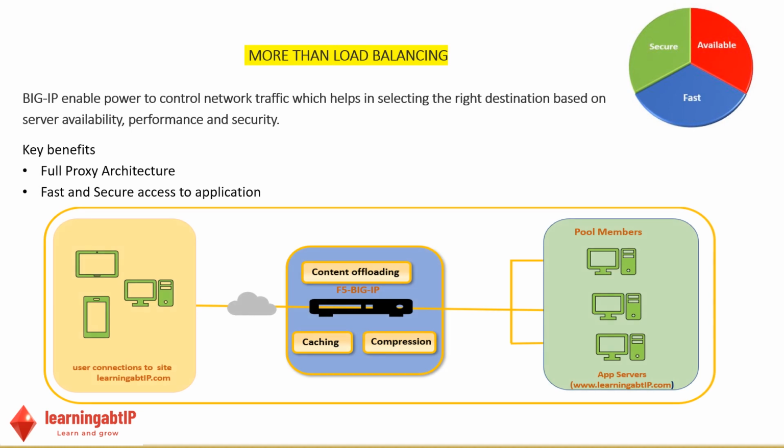Fast and secure access to the application. Big IP LTM dramatically improves page load times and the user experience by doing intelligent caching, compression, and content offloading. It also makes real-time protocol and traffic management decisions based on application and server conditions. If we talk about security, Big IP delivers industry-leading SSL performance and visibility for inbound and outbound traffic.